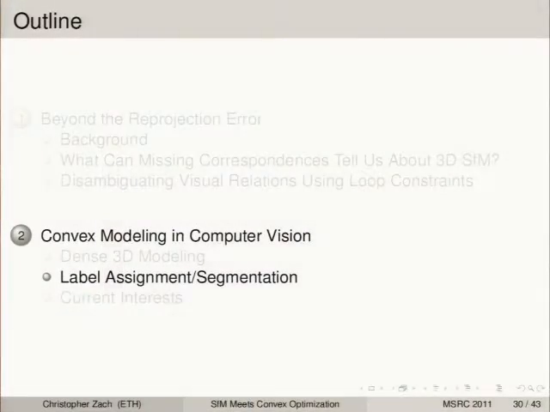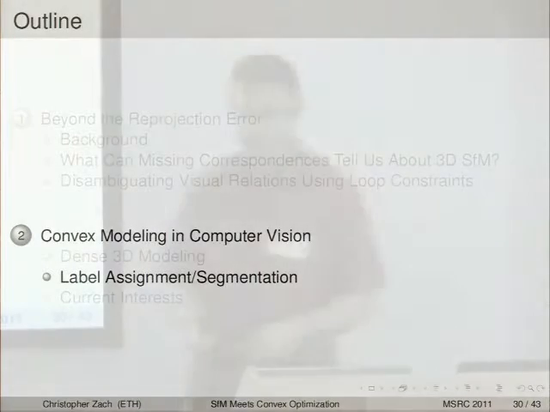Okay. Since I already started looking at some convex optimization things, and also how to accelerate those kinds of procedures on the GPU, I looked further into more general problems of labeling problems or segmentation problems.